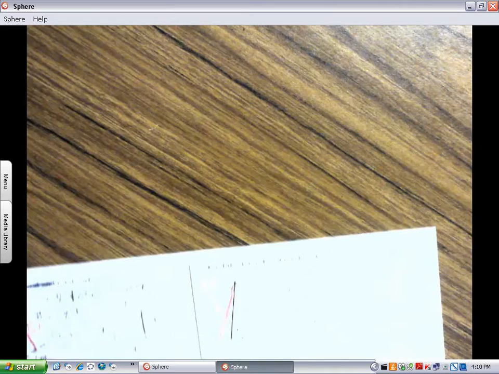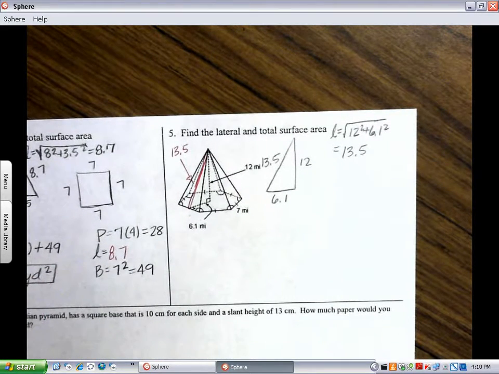So far I found my slant height to be 13.5. I hope you have too. Okay, let's keep going.